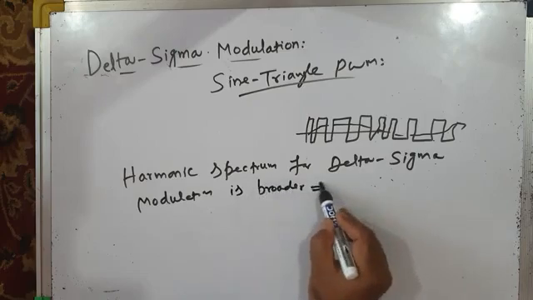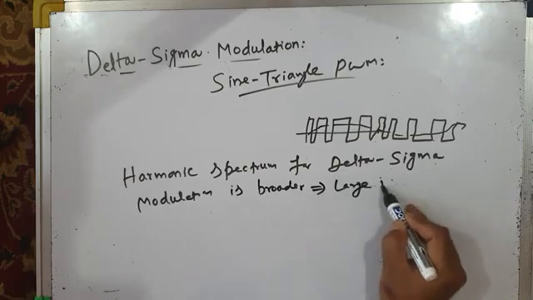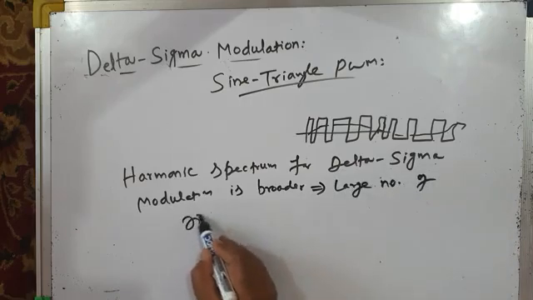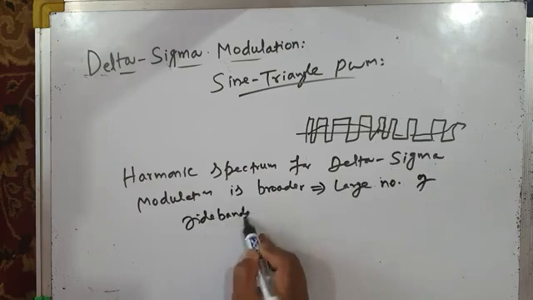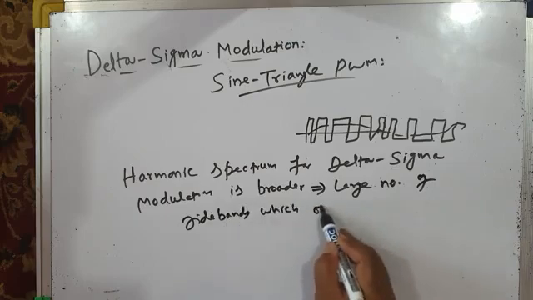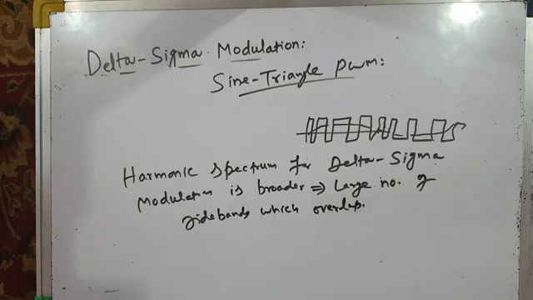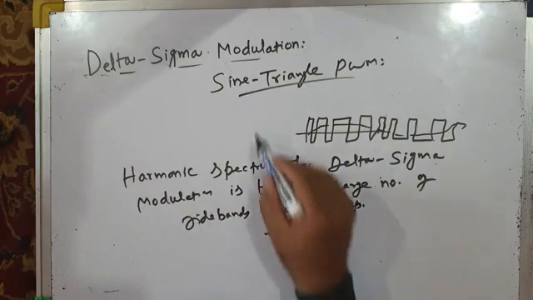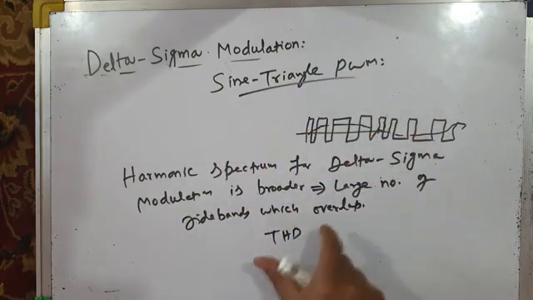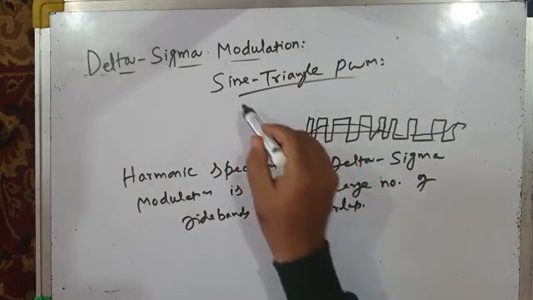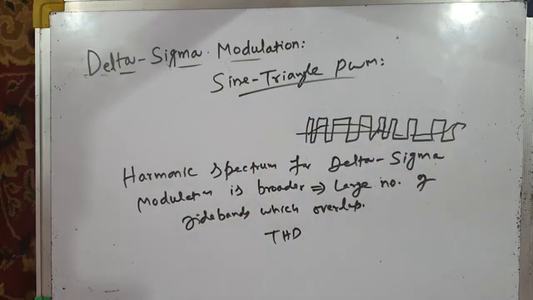Broader means it will have a large number of side bands, which overlap. So therefore, if you calculate the THD in delta sigma modulation, it will be more or less the same. THD of the voltage or THD of the current will be more or less the same as in the case of sine triangle PWM. It may be slightly less in delta sigma modulation as compared to sine triangle modulation, but the difference is not much.